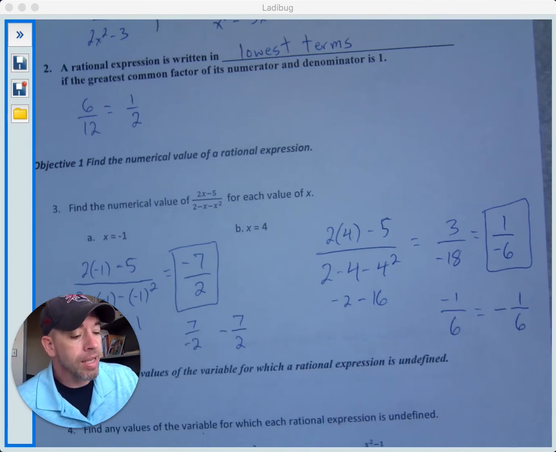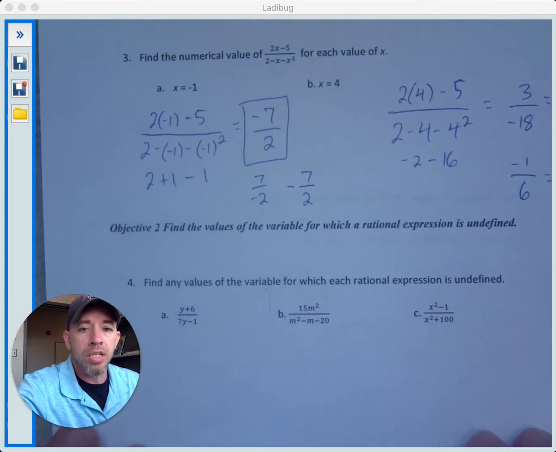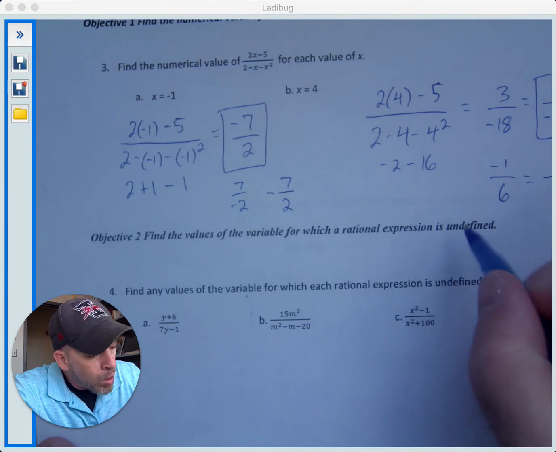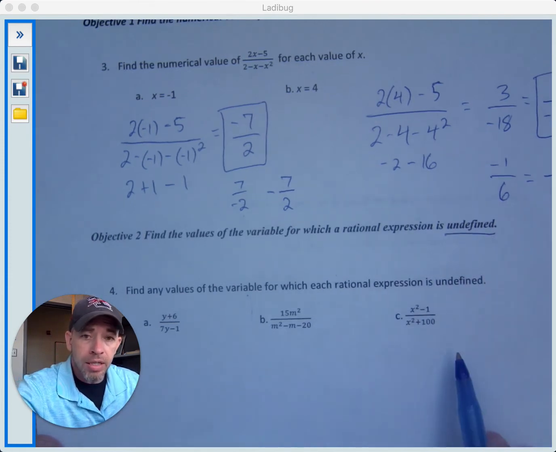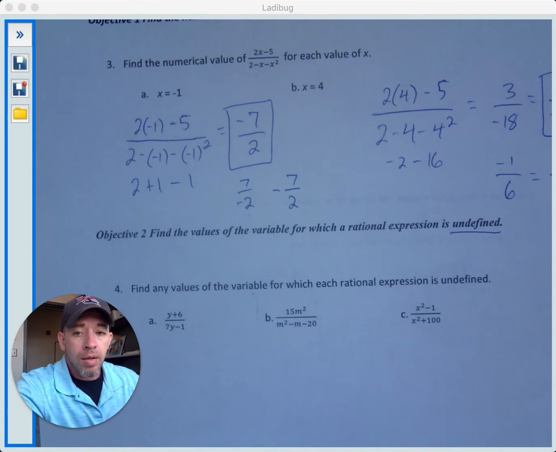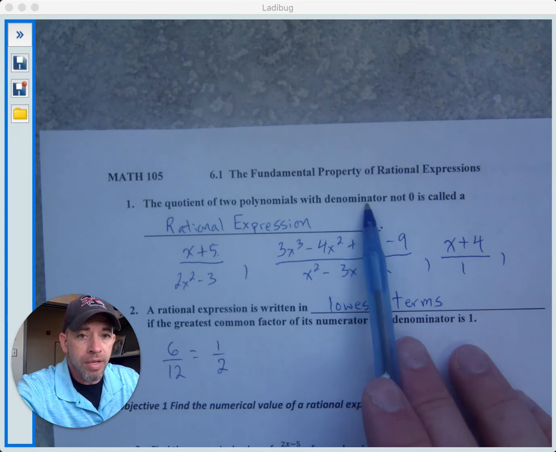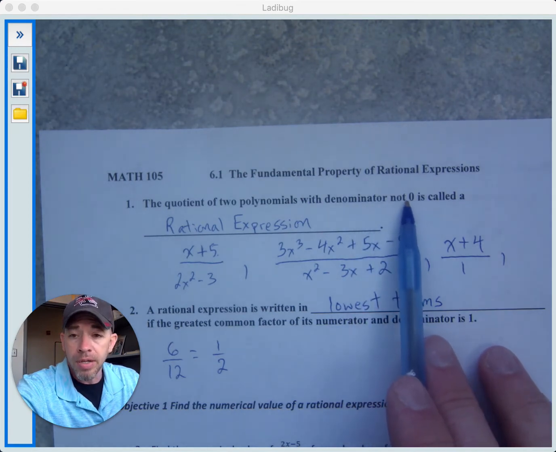Alright, so let's look at objective 2. Find values of the variable for which a rational expression is undefined. So, when are these things undefined? Let's try to figure that out. Well, if we go back up above, remember, we have problems when the denominator is 0. So we want to make sure the denominator is not 0.